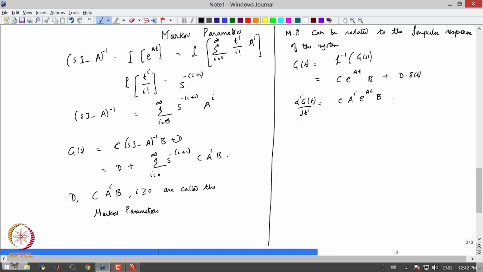From this we obtain the following relationship between the impulse response and the Markov parameters: the limit as t goes to 0 of d^i g(t) by dt^i is C A power i B, since e power At is the identity, for all i greater than or equal to 1. So these are the Markov parameters, and this is a little procedure of how they are derived.